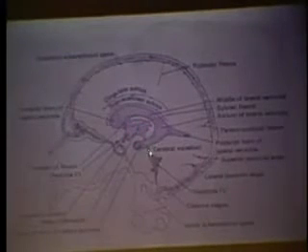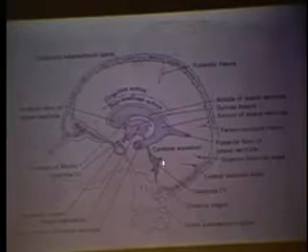If nothing else, you can read it. So you see the flow of CSF is coming in to the ventricles and flowing down from the lateral ventricles through the interventricular foramen to the third ventricle, to the aqueduct, and to the fourth ventricle.